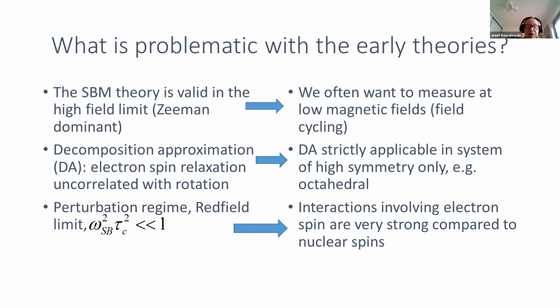Another problem is the so-called decomposition approximation, which means that you assume that electron spin relaxation is uncorrelated with rotation.